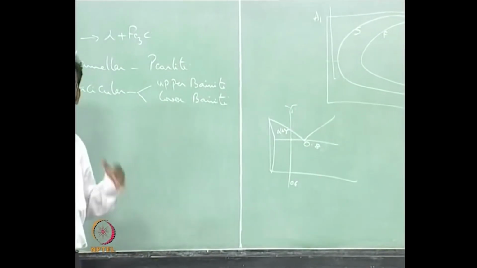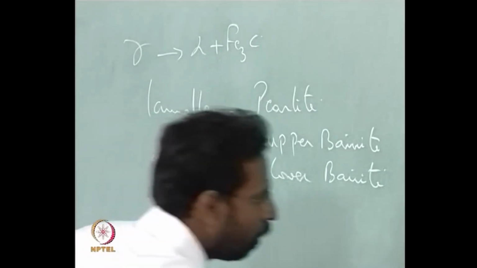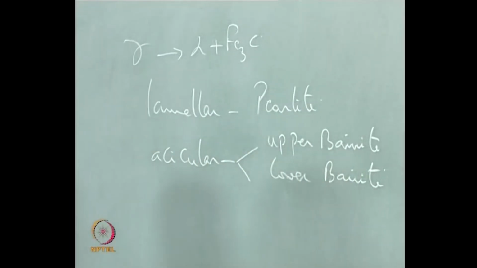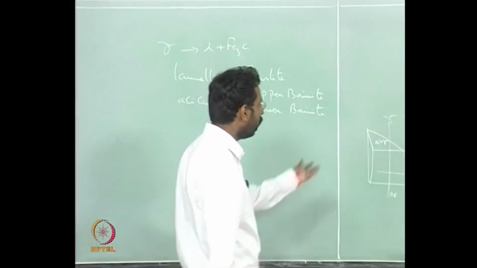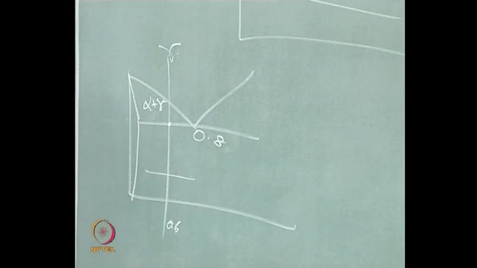But if you have cooled this gamma very fast to some low temperature like this, then you may see the situation that you actually may not even get alpha, directly the gamma may undergo a transformation.